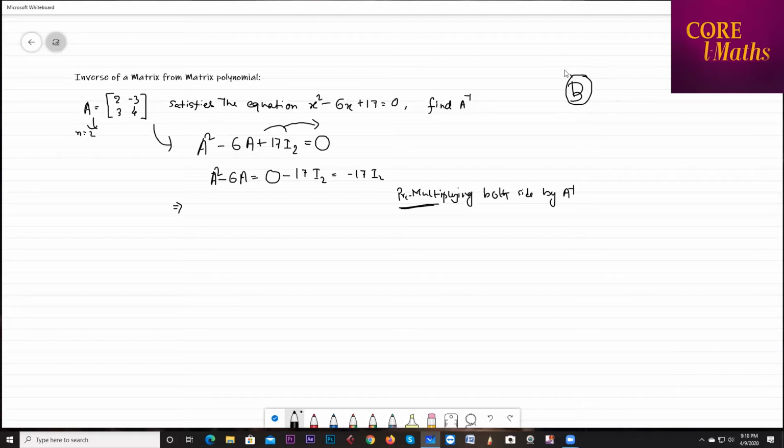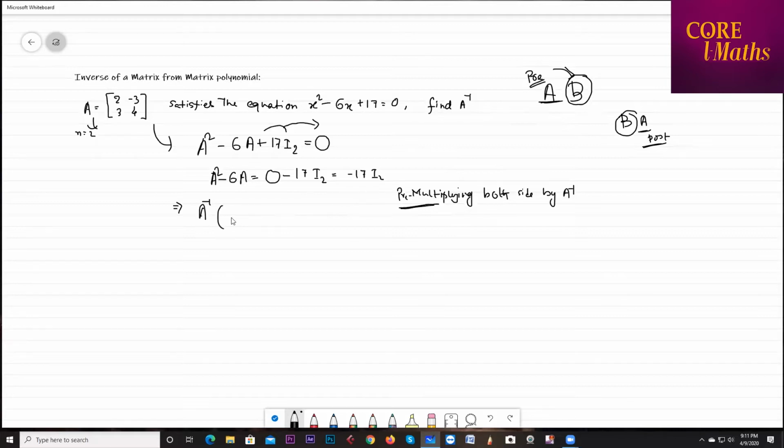If I want to multiply any inverse or any matrix before that, then it will be pre-multiplication. And what is post-multiplication? If the multiplication of any other matrix is just to the right side of that matrix, then it will be post-multiplication. So pre-multiplication, that is A inverse, will come on the left.